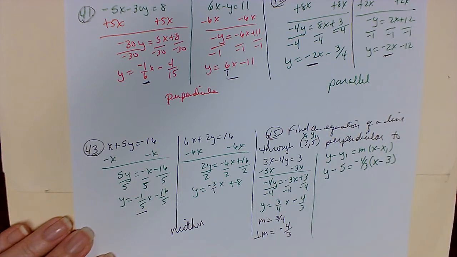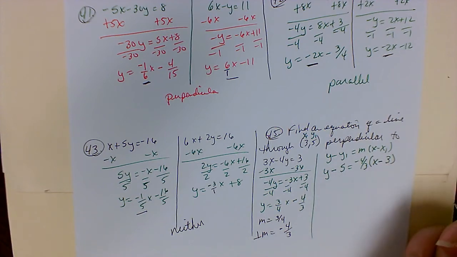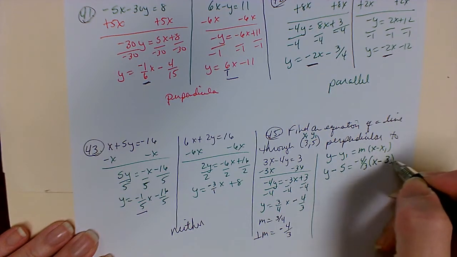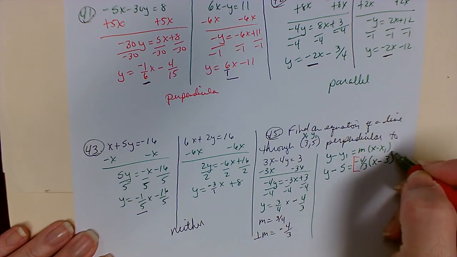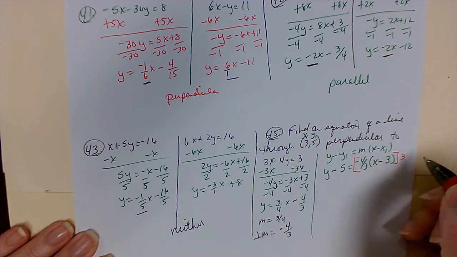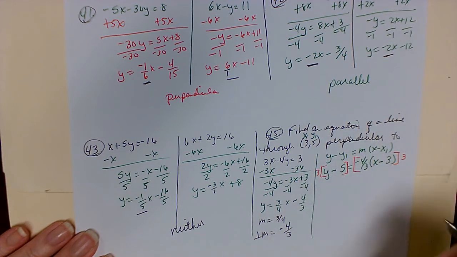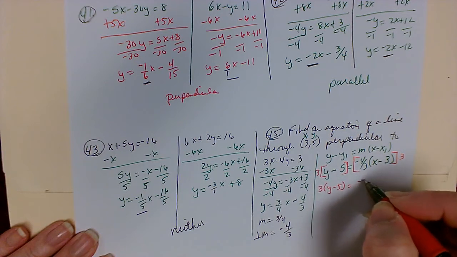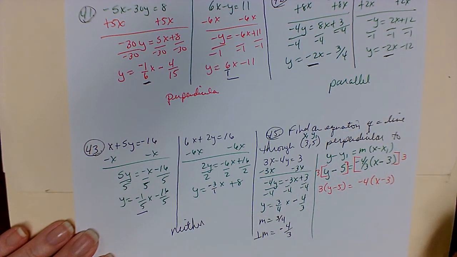Now because we have this fraction and it can reduce here, but just in case your problem doesn't, I want you to know how to reduce these. So I can reduce the 3 here, but what if it doesn't? So I'm going to multiply both sides by our denominator of 3. And that way I can clear out any fraction. So this gets me 3 times y minus 5 is equal to negative 4 times x minus 3.